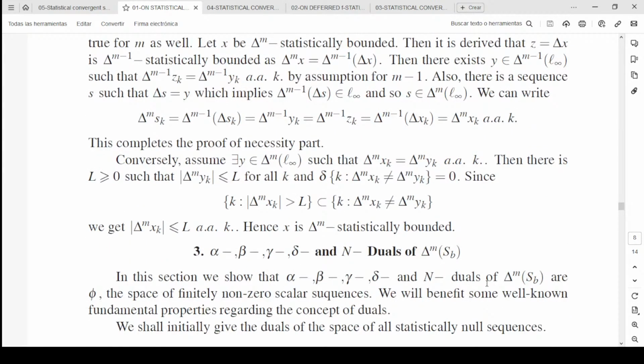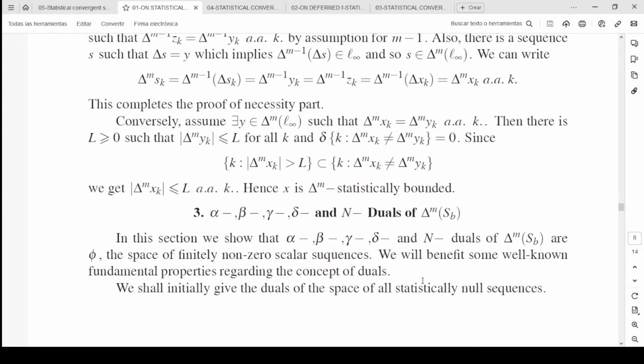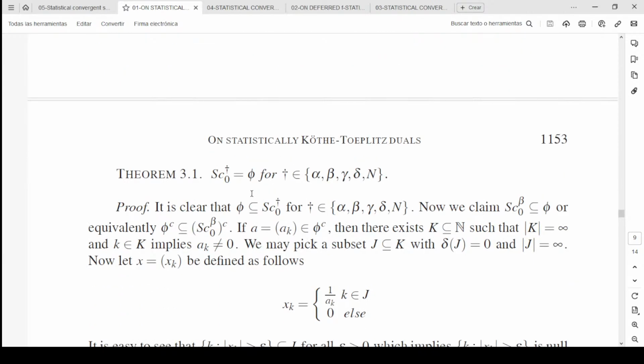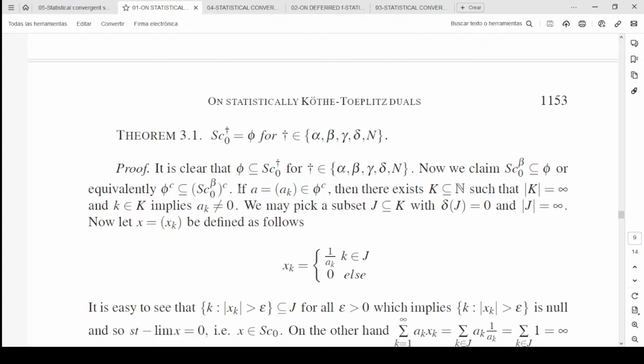So after this, we try to find some Köthe-Toeplitz duals of the space of all delta m statistically bounded sequences. In this theorem, we see that the alpha, beta, gamma, delta, or n duals of all statistically null sequences are all equal to phi, which is the space of sequences with finitely many non-zero terms.